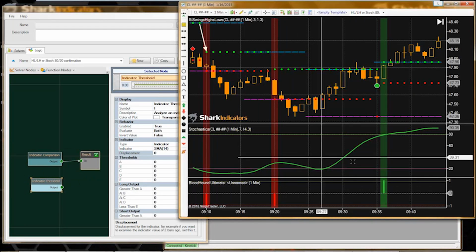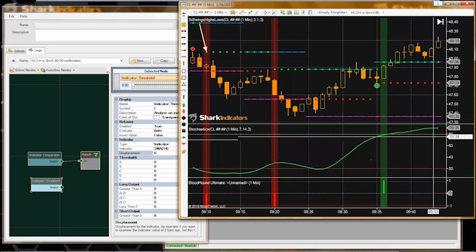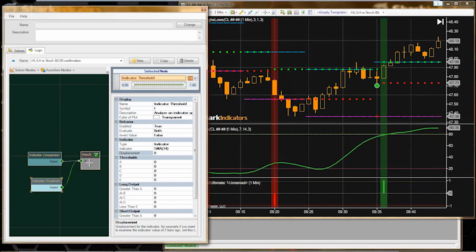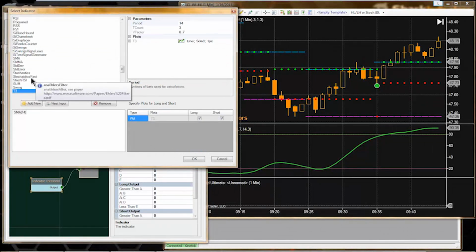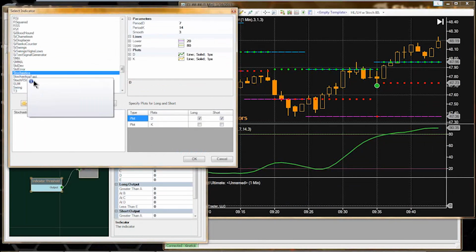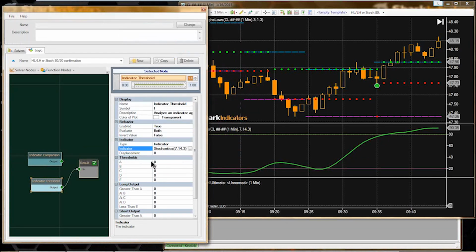What we're looking for is this 20% threshold and this 80% threshold level. So let's change this over to our stochastics, and we're just using the default settings. And Tom is using the %D, so that's good there.